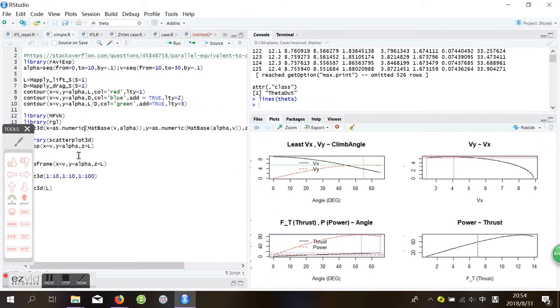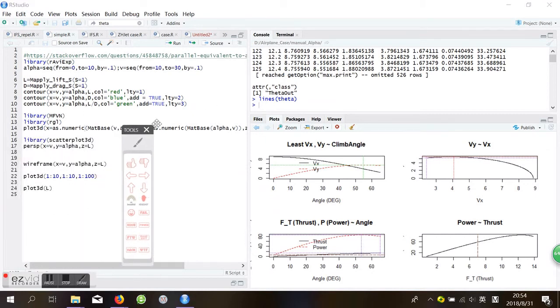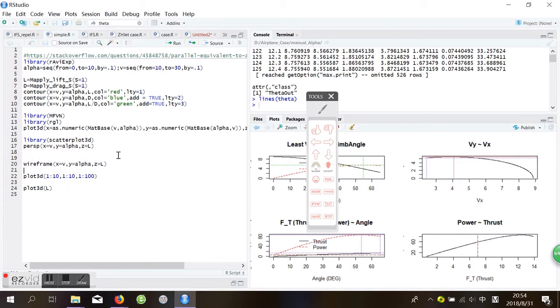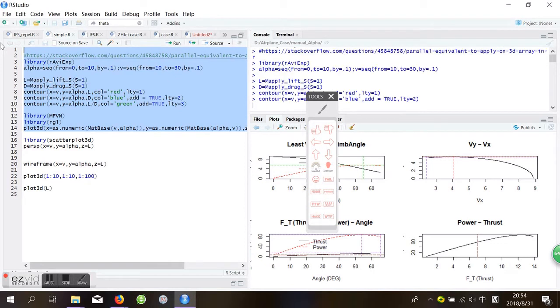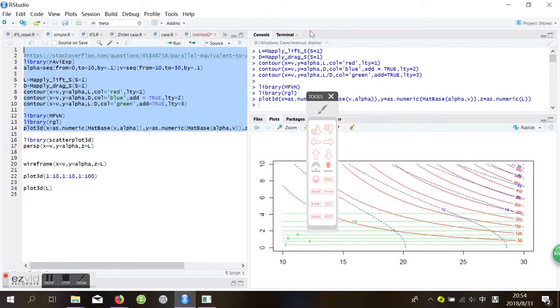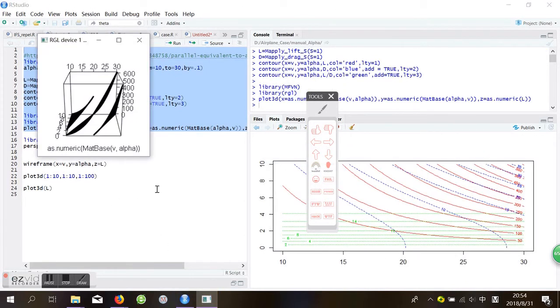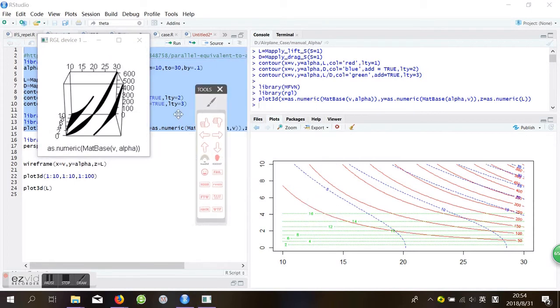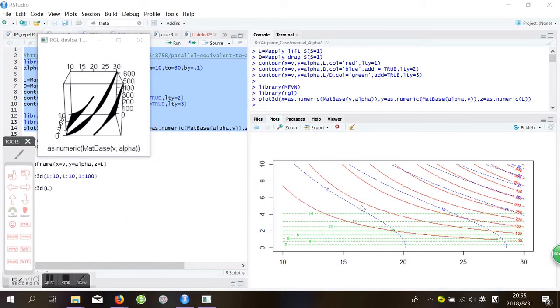So there's a plot that's analyzing the lift, drag and the required lift, drag and also the lift to drag ratio at certain points.